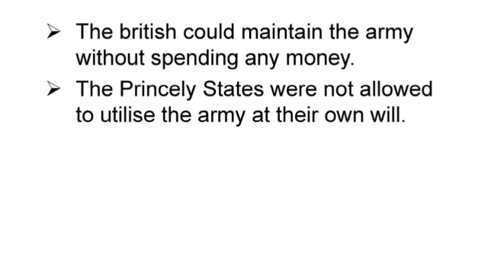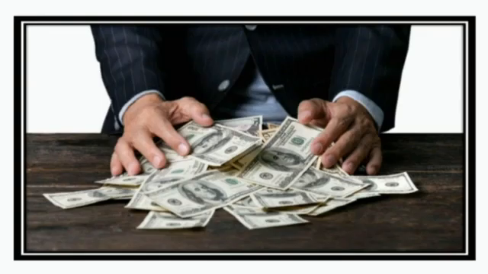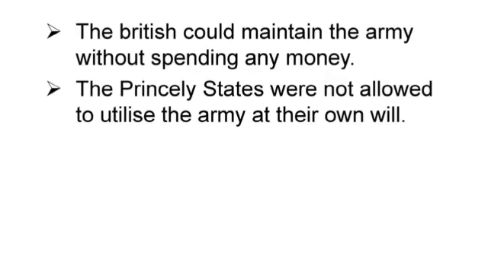The British could maintain the army without spending any money. So the Britishers were relieved from the task of collecting money because now the entire expenses were to be taken by the king. So the income of the Britishers was saved and they could reinvest in some other policies. Now they were free from any expenses of the army.